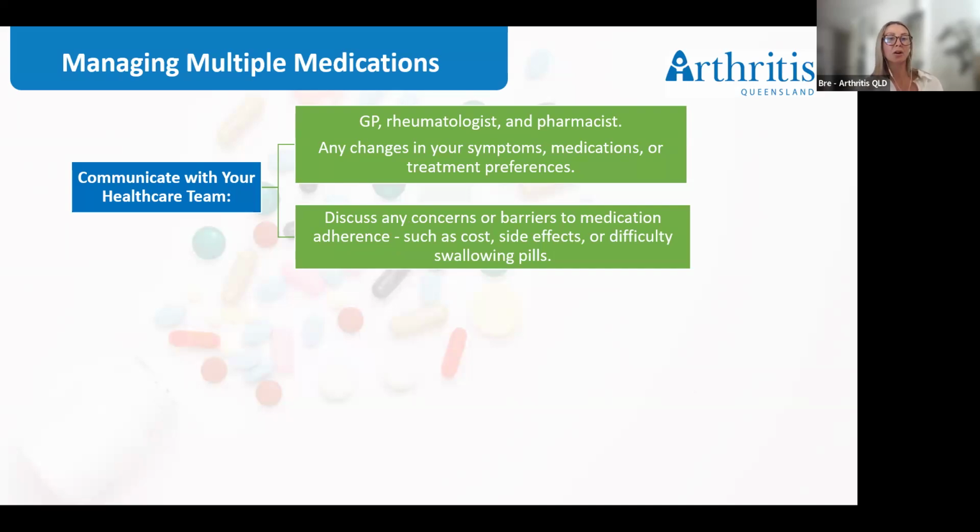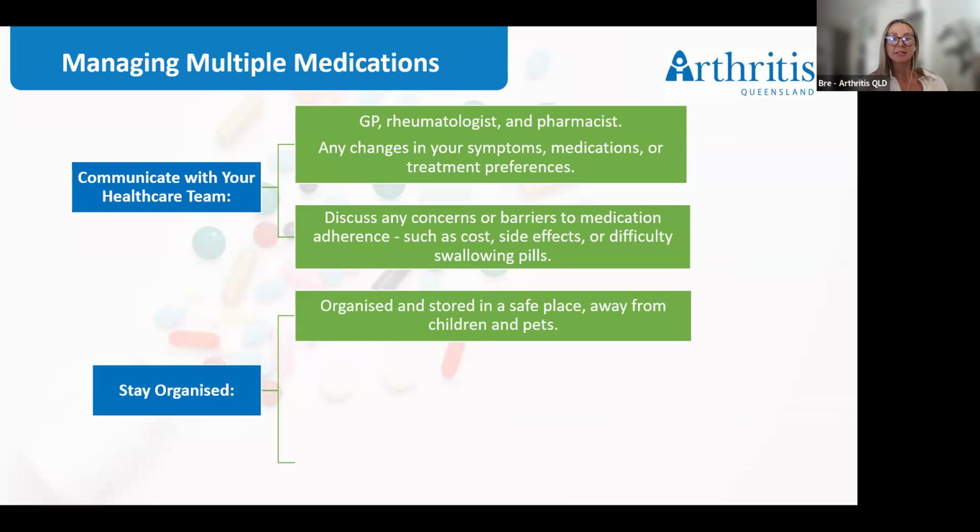And this could be the cost of them, any side effects that you're experiencing, or even if you're having difficulty swallowing the pills, there might be a liquid form that you can take instead of the tablet form to make it easier to take them. And your healthcare team can help work with you to address any of these issues and find the solutions that work best for you.